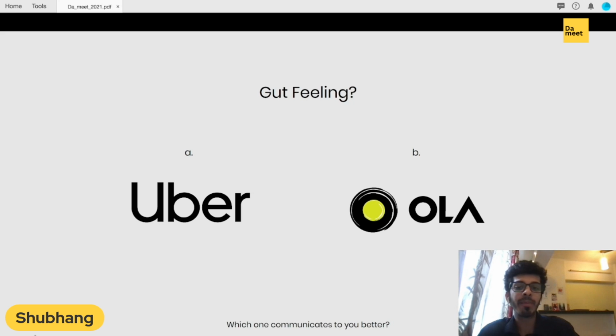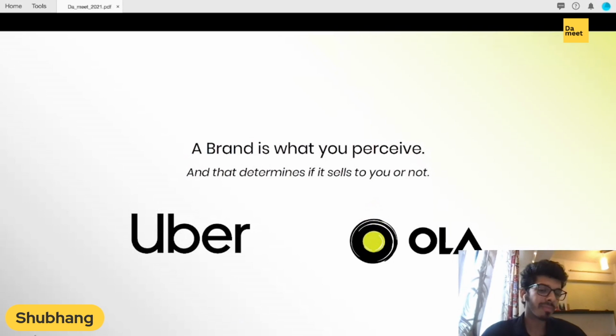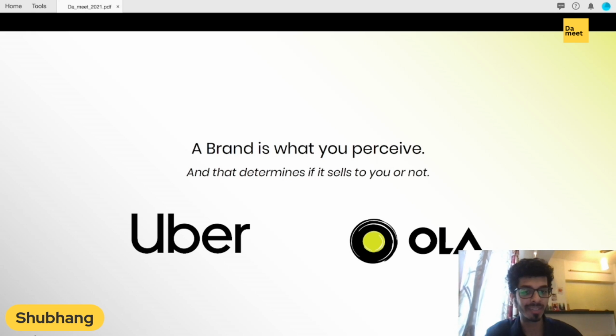Uber could communicate better with you, or Ola could communicate better with you. It just depends on their branding. For me, I perceive Uber as something more reliable, more trustworthy, more safe. That is why Uber communicates better with me, but for you, maybe Ola would communicate better with you. So in the end, a brand is what you perceive.